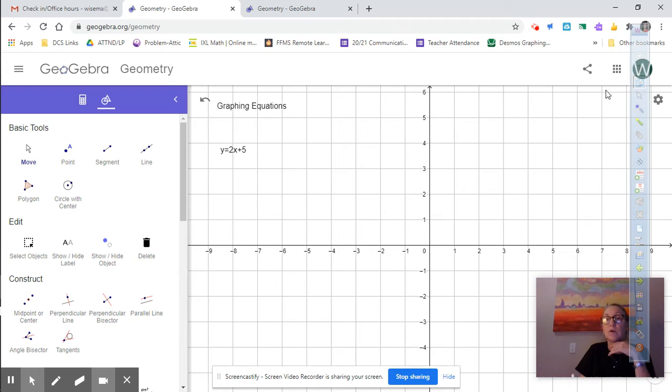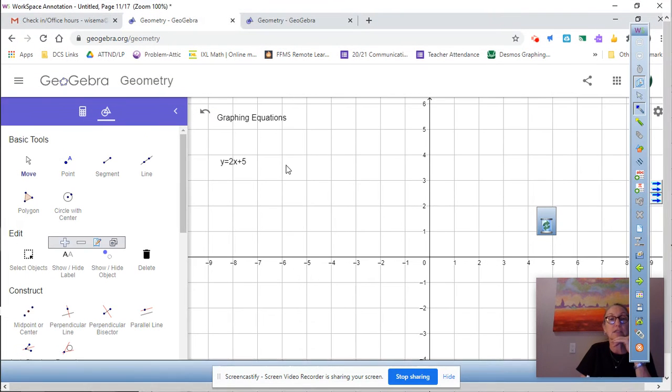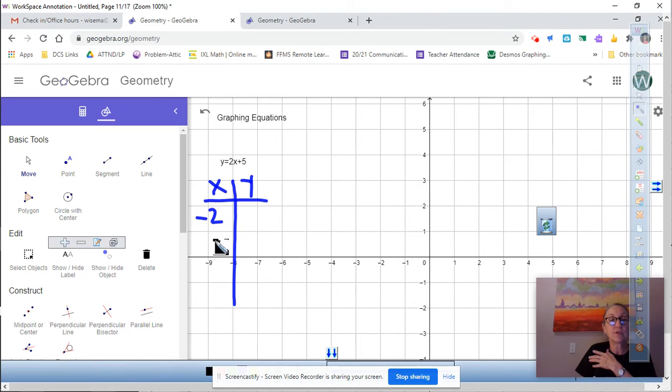Okay, so here we are at 2x plus 5. Let's do this. Now, because this is not a fraction, this 2, I'm just going to choose any numbers. Let's do -2, 0, and +2. Why not? So let's go figure out what those are. So y equals 2 times -2 plus 5.